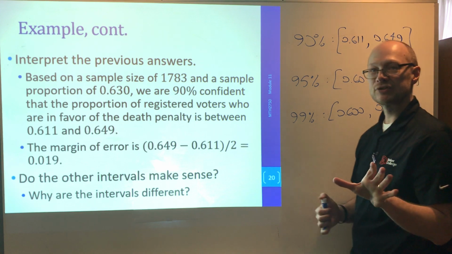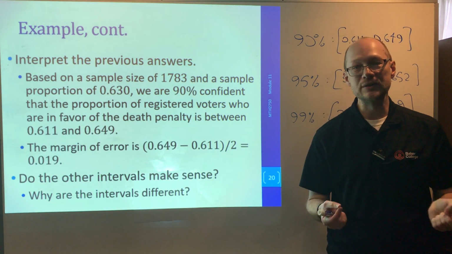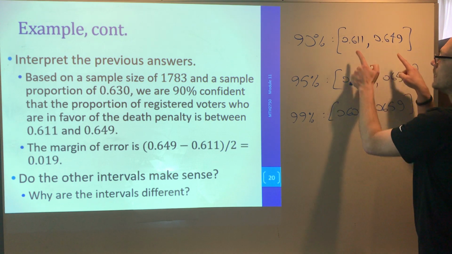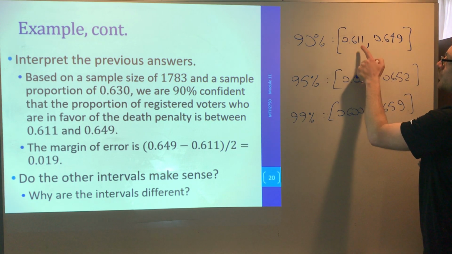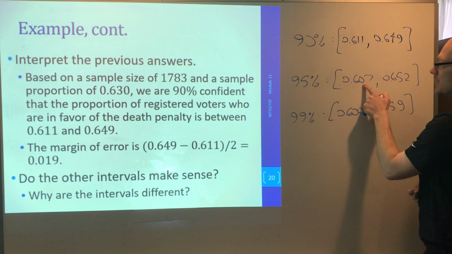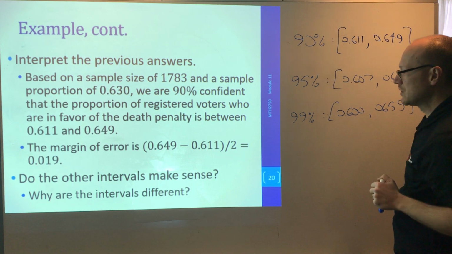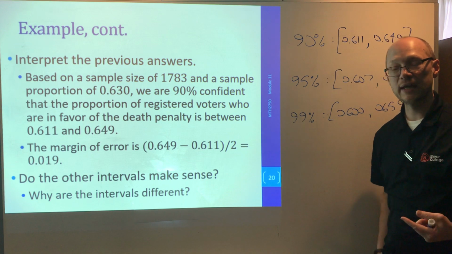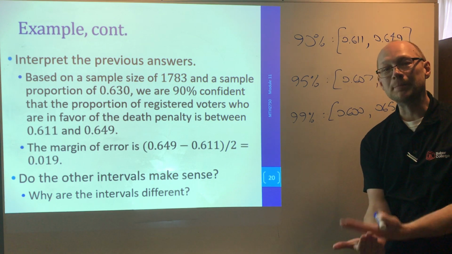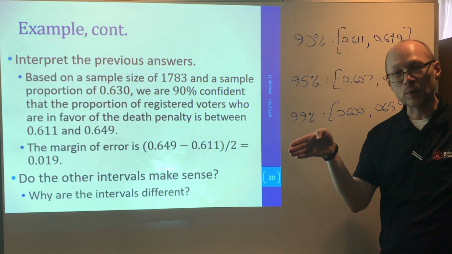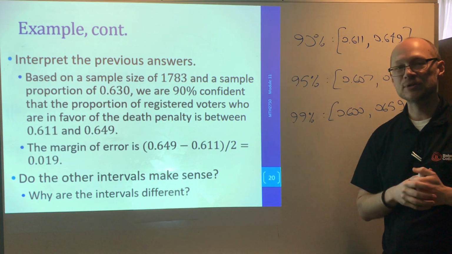Now, again, to emphasize, do these intervals make sense? This is the smallest of the intervals. This is 0.611, down to 0.607, down to 0.600. And it's almost like your management is coming to you saying, I need you to be as accurate as possible. Give me a range where the real thing is, and your job is on the line.